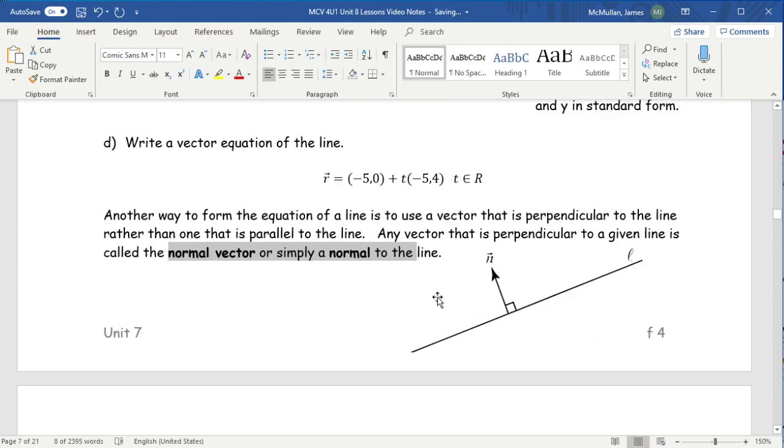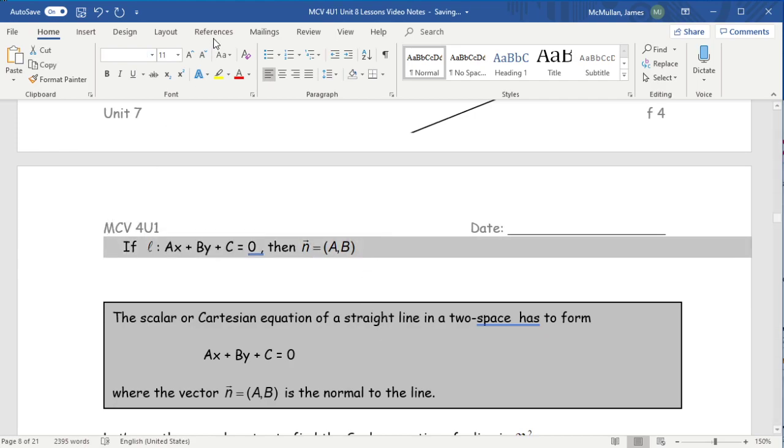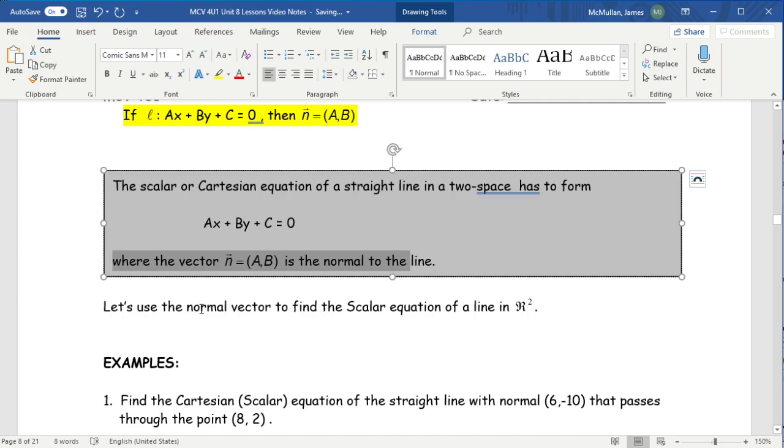A normal is not enough to identify a line, but it is enough to identify the slope of a line. If a line is ax plus by plus c equals 0, then the normal to that line is a, b. Okay, big idea right here. So the scalar or Cartesian equation of a straight line in 2-space has that form, and vector n is the normal to that line.